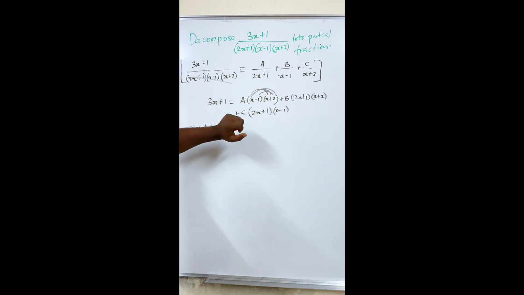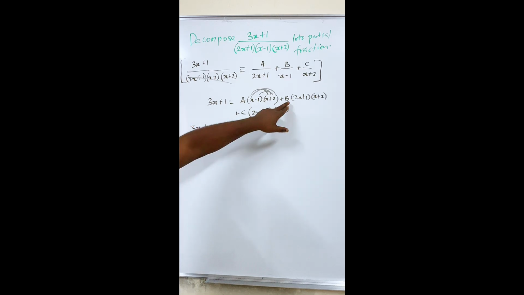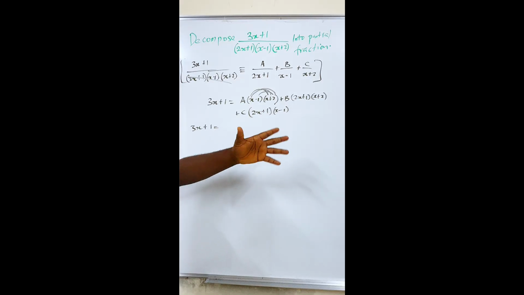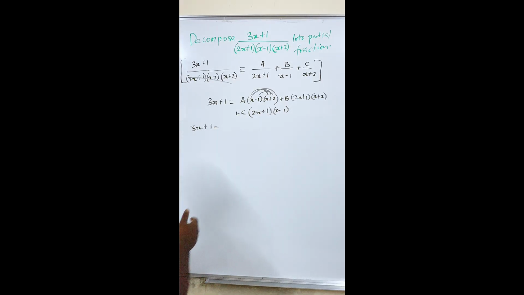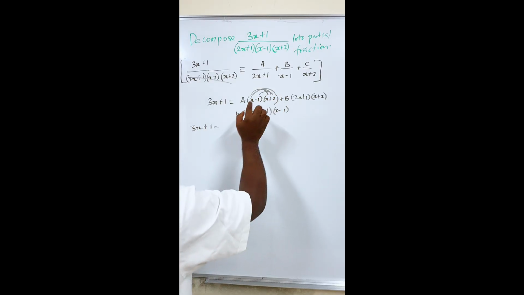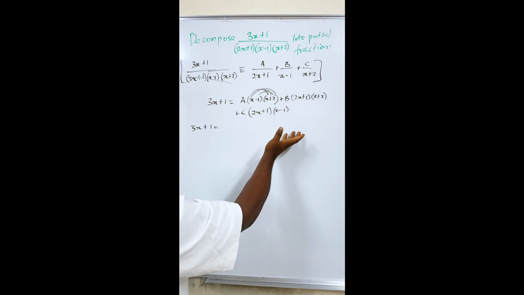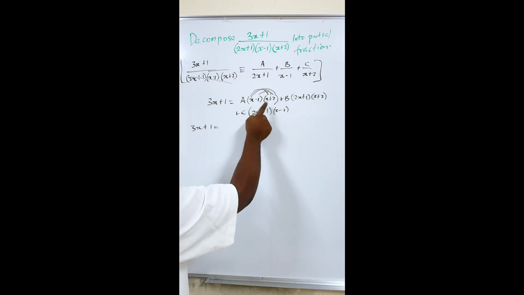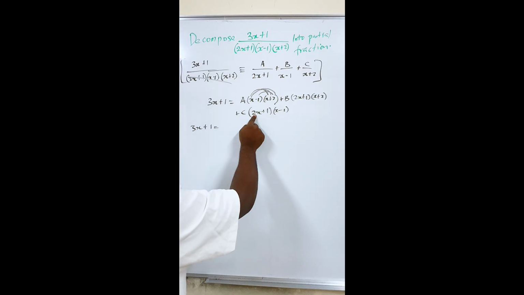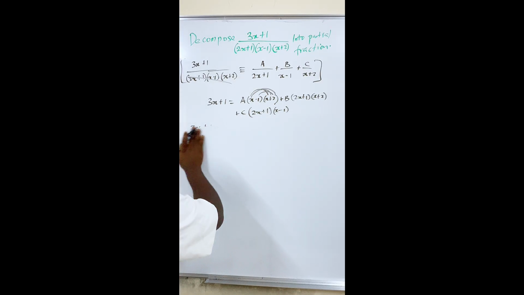For instance, I want to make A to be 0 so that I can find B or C, or I want to make both A and B to be 0 so I can find C. Whichever one works for you. For me, I want to cancel out A and C because they have a common factor, right? I have x - 1 here and I have x - 1 here. So if I make them 0, A and C will cancel out.